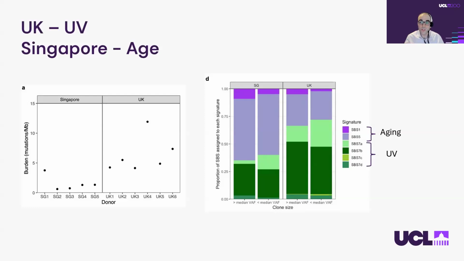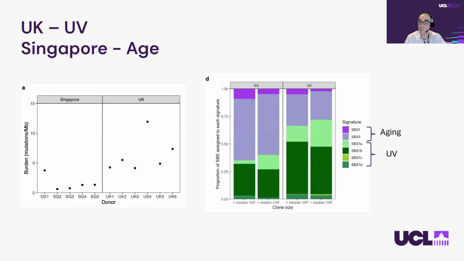Additionally, the signatures of the mutations are different. Now, signatures of mutation tell you what the process is that gives rise to those mutations. And so what we've got in purple and green bars here are different sources of mutation for the different individuals. And in the Singaporean samples, the mutational burden is dominated by what are known as aging signatures in purple.